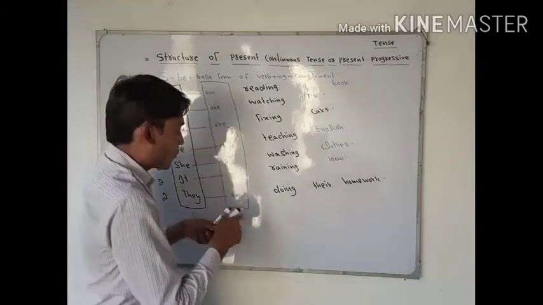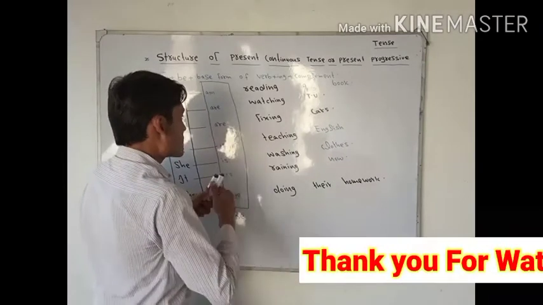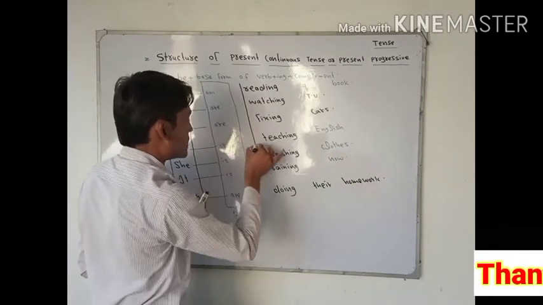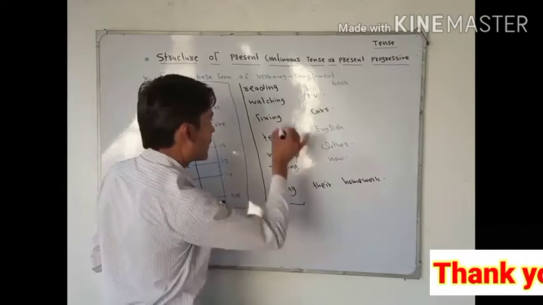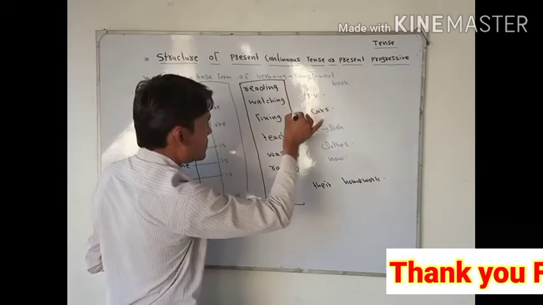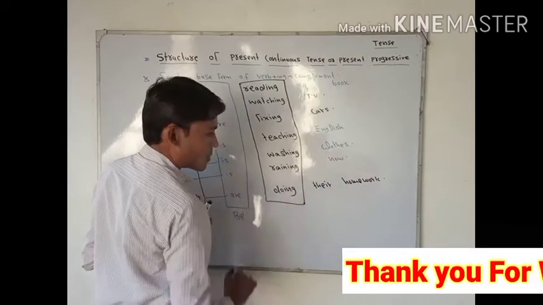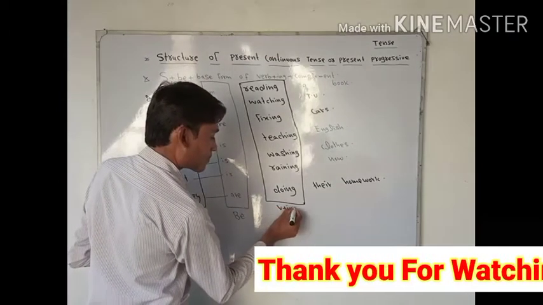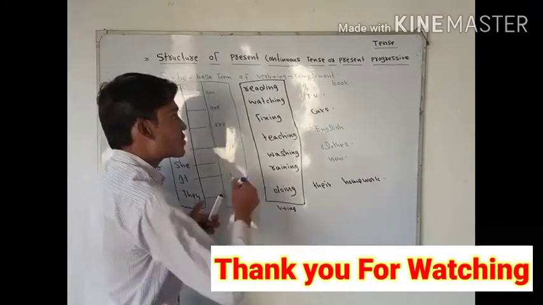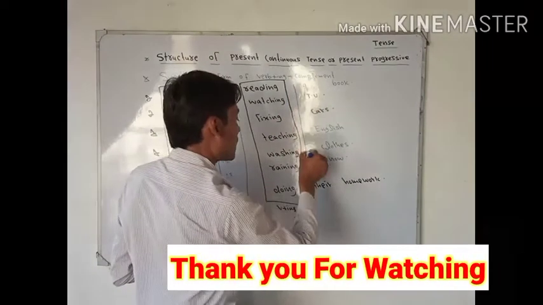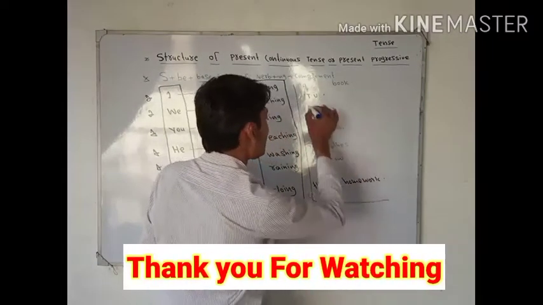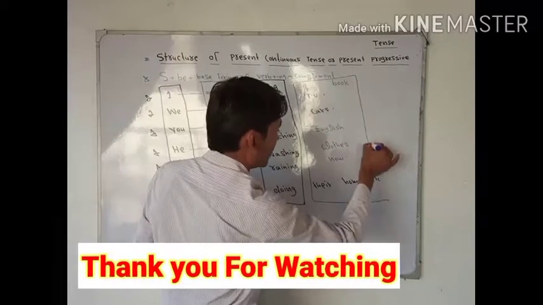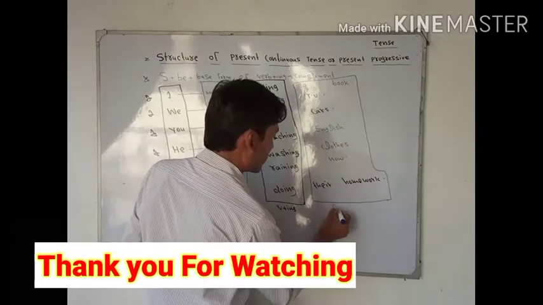After that, all these are called base form of verb plus ing. And the rest of the sentence is called complement.